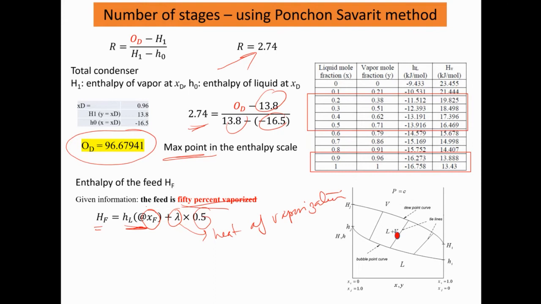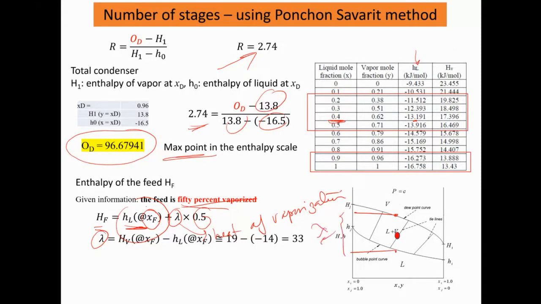Now this is also important because you'll need to determine the enthalpy of the liquid at X feed. So you have X feed is 0.45, so you're going to be somewhere here, and you have to go to this liquid here. You do some approximation, linear interpolation or whatever you want to use. The delta H of vaporization is going to be the enthalpy of the saturated vapor minus the enthalpy of the saturated liquid.